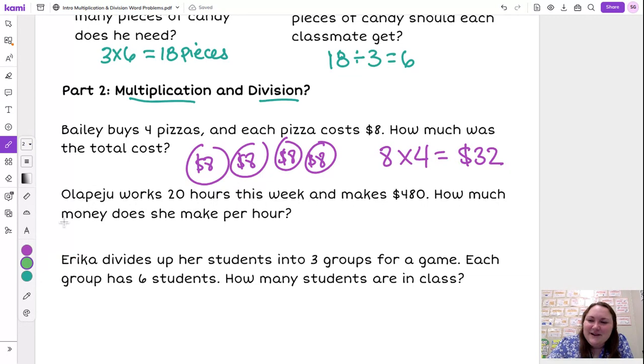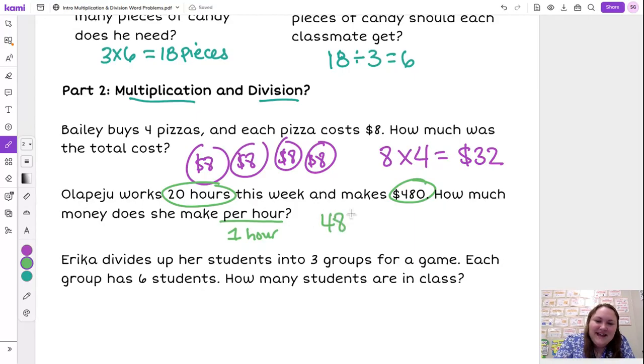For that second story, we have Olapeju works 20 hours this week and makes $480. How much money does she make per hour? So that's how much money does she make in 1 hour. Here I know the total money and the total number of hours she works, but I'm trying to divide up that money into 20 piles, basically, 20 groups, to see how much money she is making in 1 hour. This is describing division.